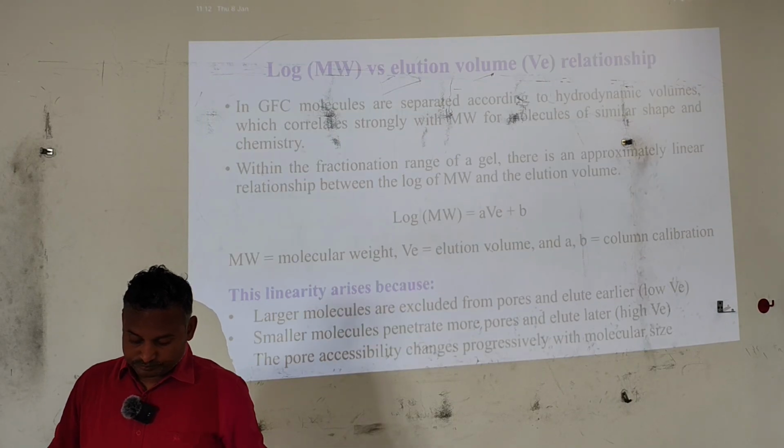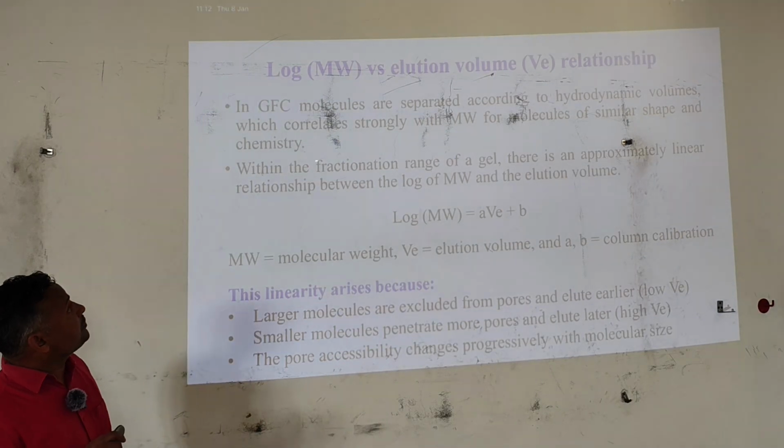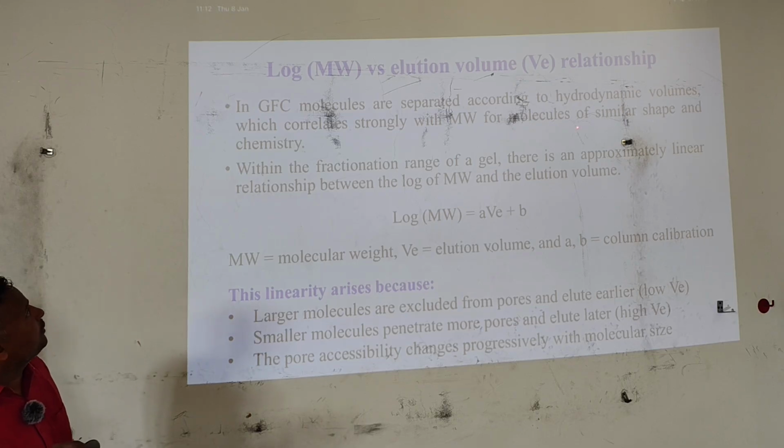In GFC, molecules are separated according to hydrodynamic volumes, which correlate strongly with molecular weight for molecules of similar shape and chemistry. Within the fractionation range of a gel, there is an approximately linear relationship between the logarithm of molecular weight and elution volume.